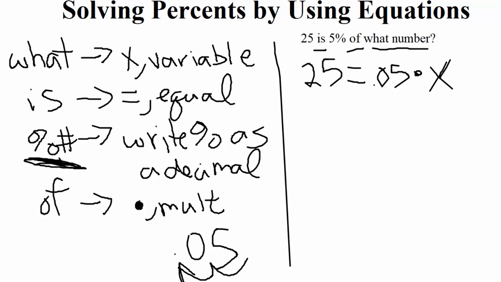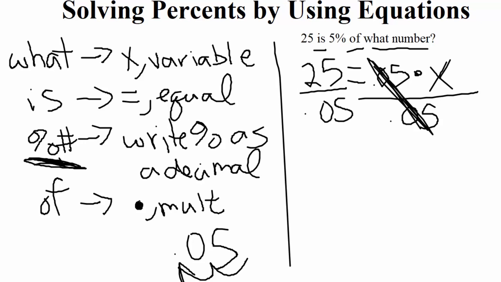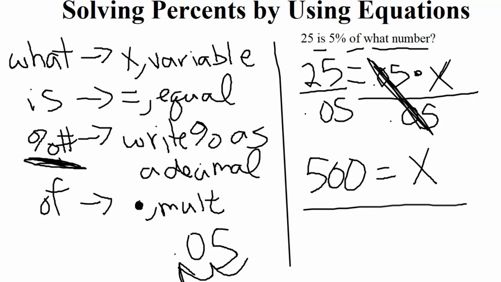So in order to solve this equation here, right, if we want to get x all by itself, we need to divide out by that 0.05 on both sides. On the right-hand side, it will cancel, will go away. So we drop down the x. And on the left-hand side, plug and chug that into the calculator. 25 divided by 0.05 is 500. So 25 is 5% of 500.